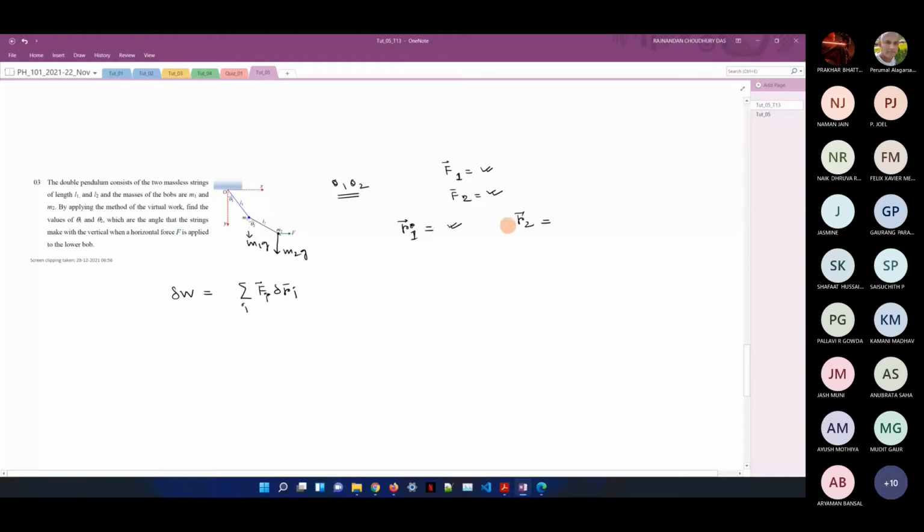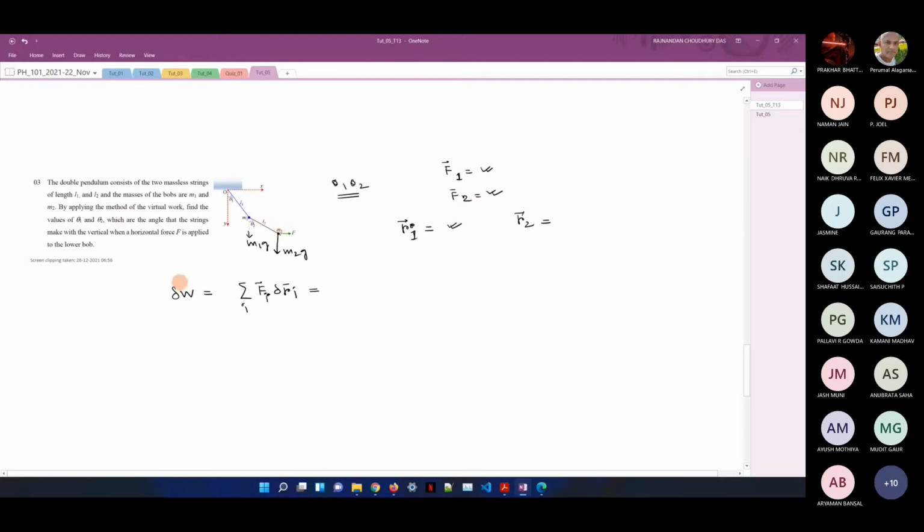You know your Ri's. You can take this virtual displacement. Now here we are neglecting the virtual work done by the tension forces. Why? Because it's an internal force. The sum of all the virtual works done by the internal forces is equal to 0.